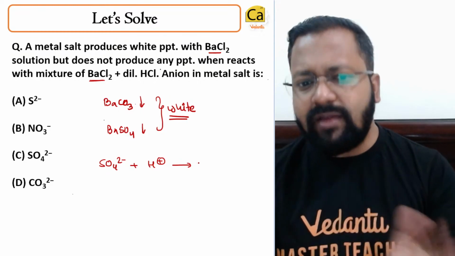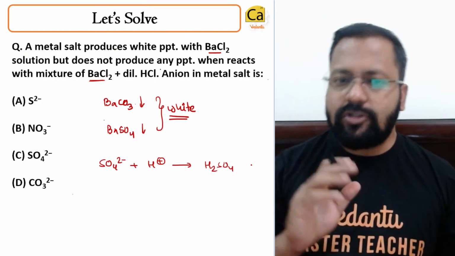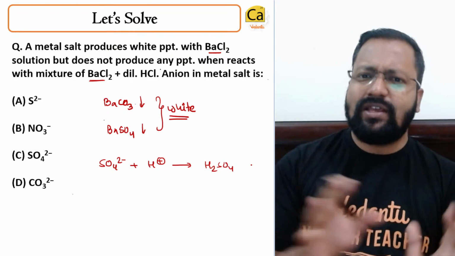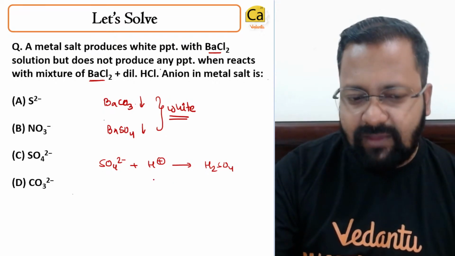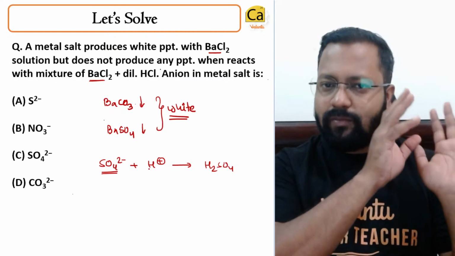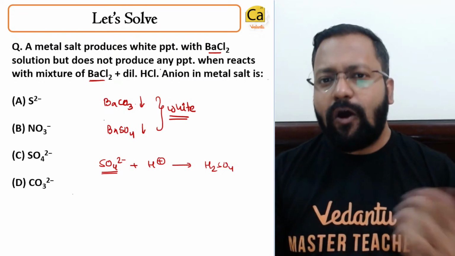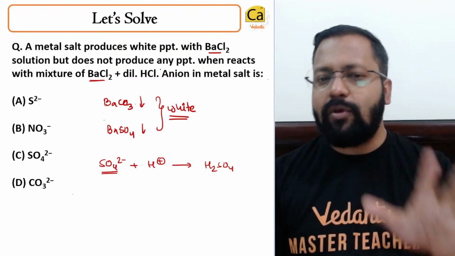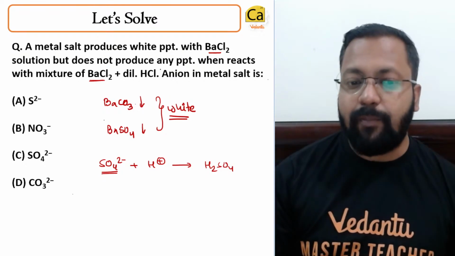Sulphate would at the max get converted into H2SO4. However, this reaction is not very favorable, and sulphate is not affected. So sulphate either remains in the form as you are seeing in the question, or at the max a minimal amount of it will convert into H2SO4. Apart from this, nothing else will happen.